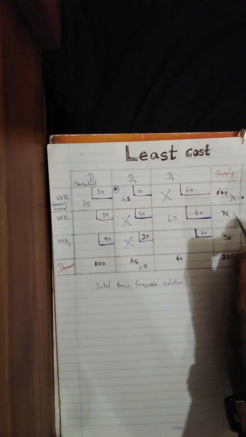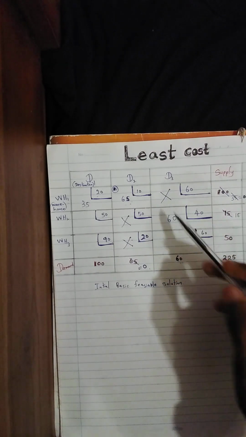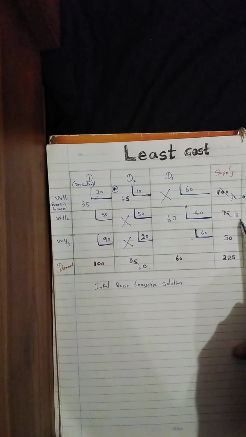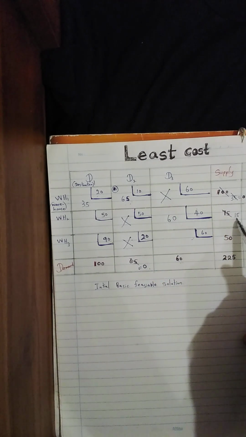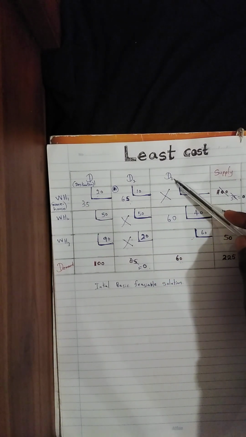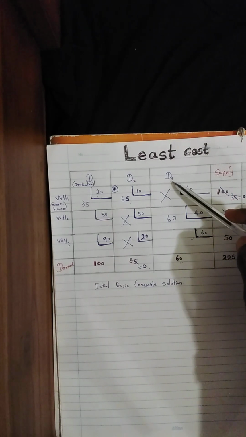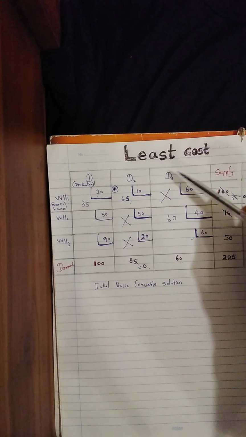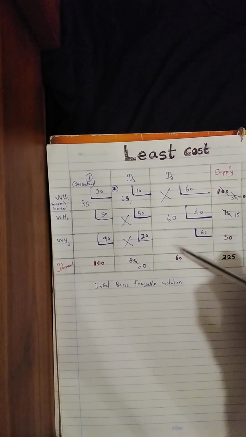Remaining 15, because warehouse 2 provides 60 units. Also destination 3 demand is fulfilled, because destination 3 demand is 60.